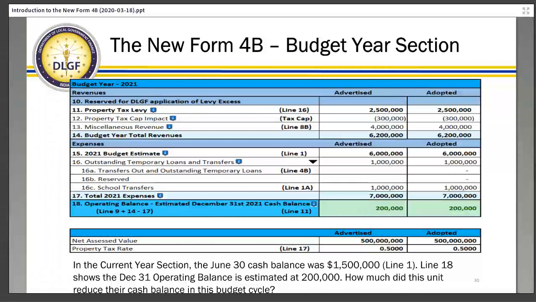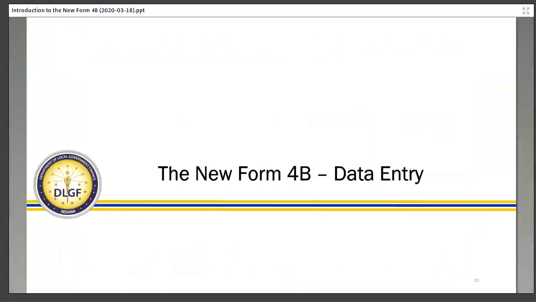The goal of this example is to illustrate how a unit can monitor their cash balances at those 3 key places: June 30th, December 31st of that year, and then December 31st of the following year, to determine whether or not they are funding their budget by drawing down their cash balances, or if they are budgeting in a way that they are building up their cash balances. We just want to make sure that the form is giving you the tools you need to make the determination as to whether or not your current decisions are consistent with your long-term goals.